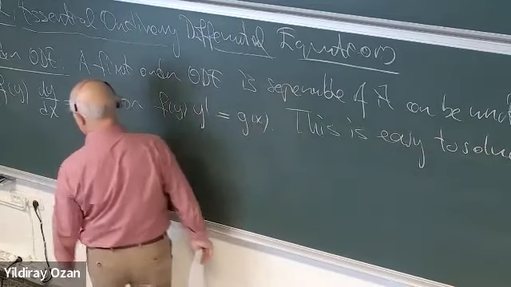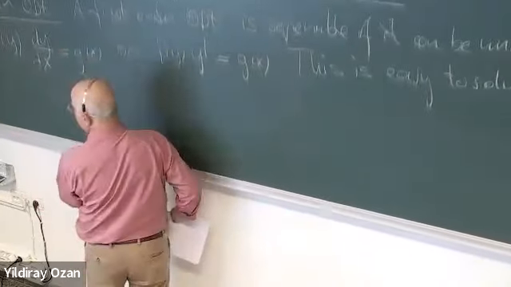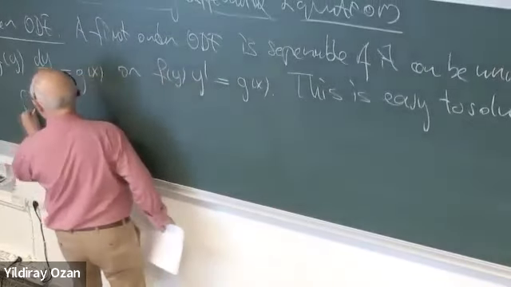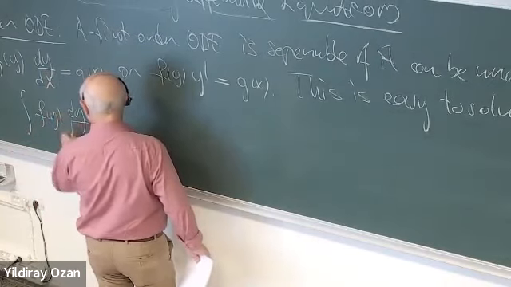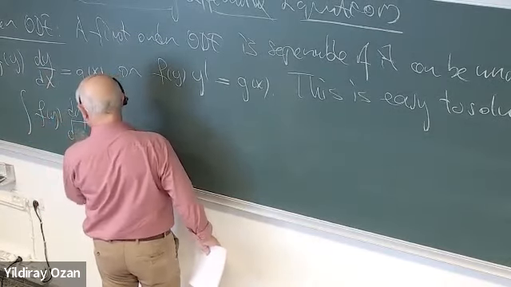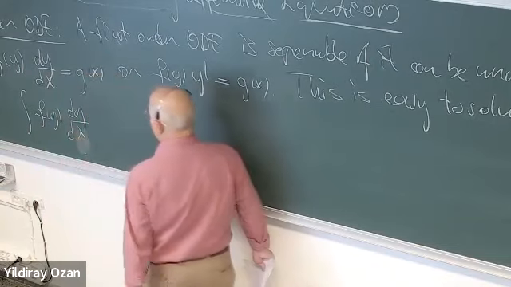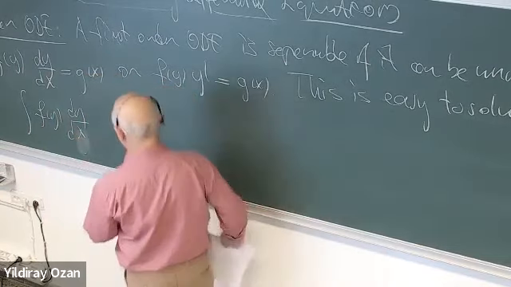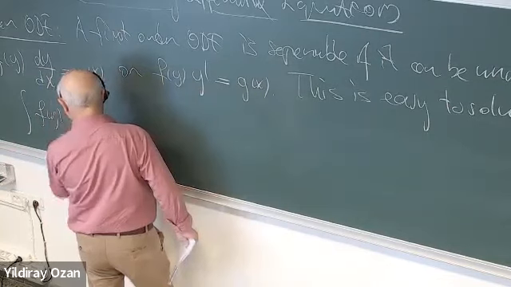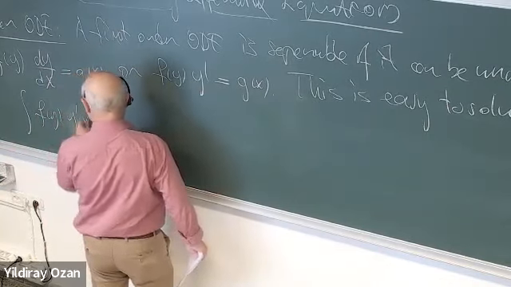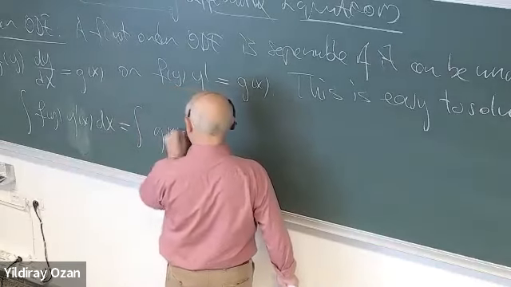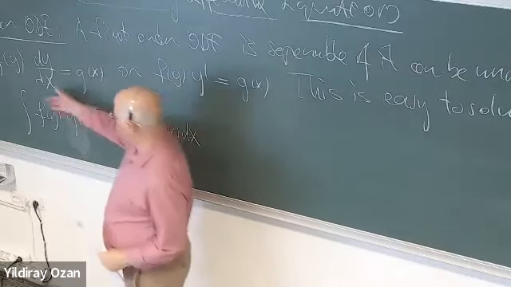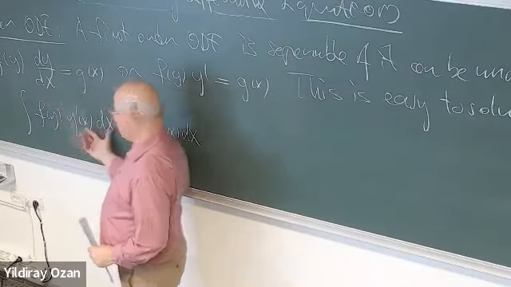Just consider this gadget, and let me write it this way: f of y y prime of x dx, and here I have g of x. Integrate both of them with respect to x.